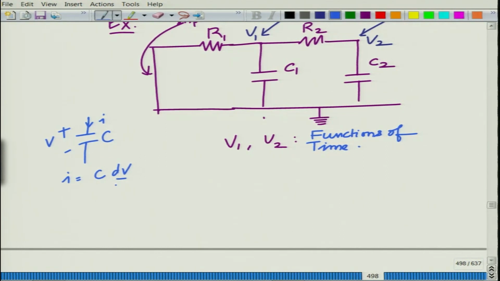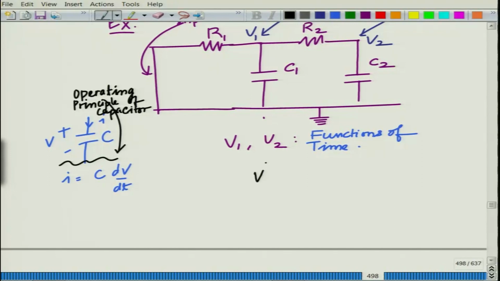This is the operating principle of a capacitor, as electrical engineers must be familiar with. Otherwise, the charge is capacitance times voltage, Q equals C times V, and dQ by dt is I, which is therefore C times dV by dt.